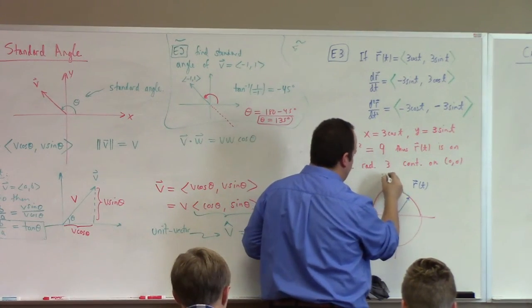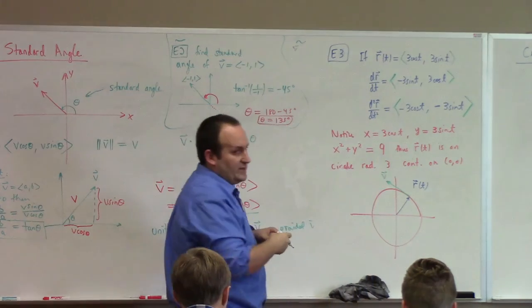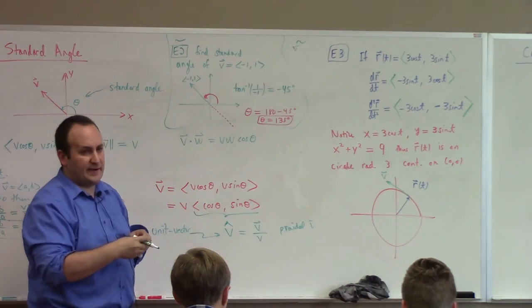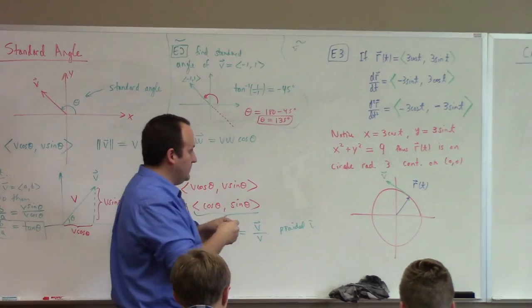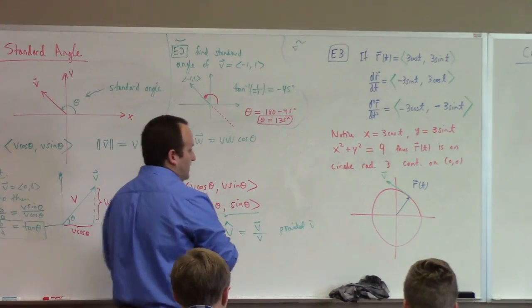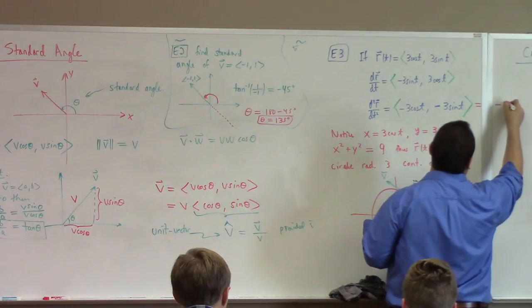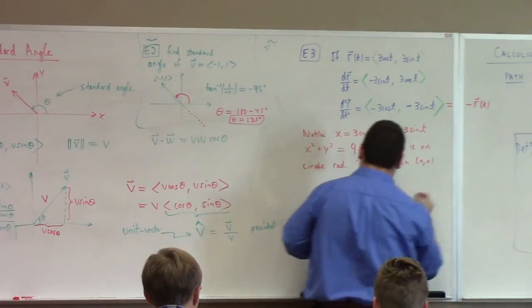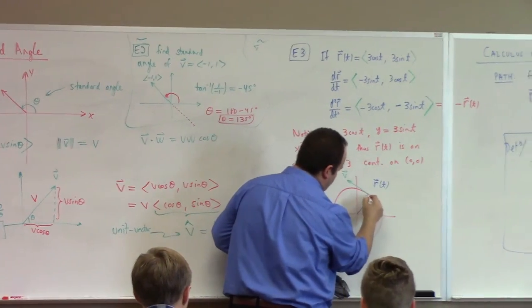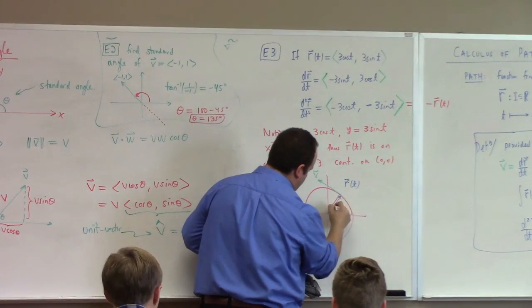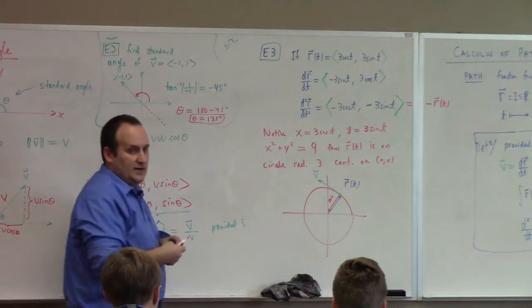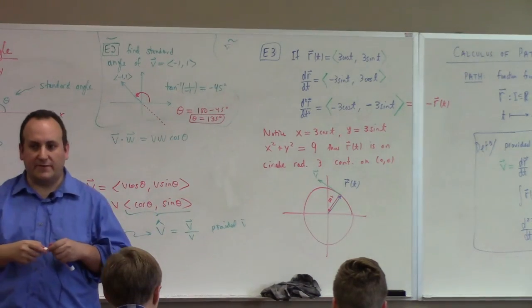Anyway, long story short here, this is the velocity. It's tangent. The velocity is tangent to the circle. And where's the acceleration? It's actually minus the position, isn't it? So the acceleration vector here is inward seeking like this. And you can pretty much repeat that picture at every point on the circle.